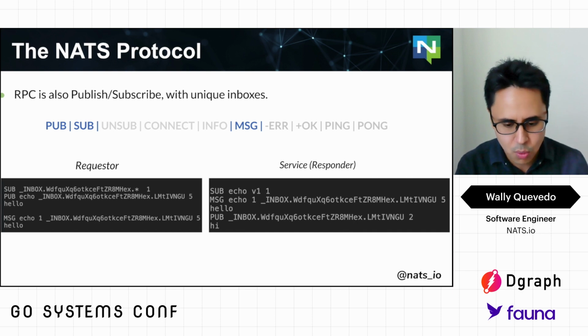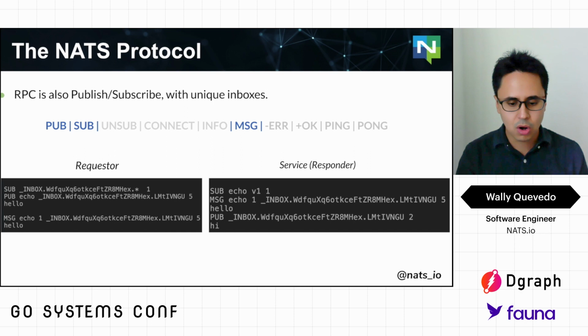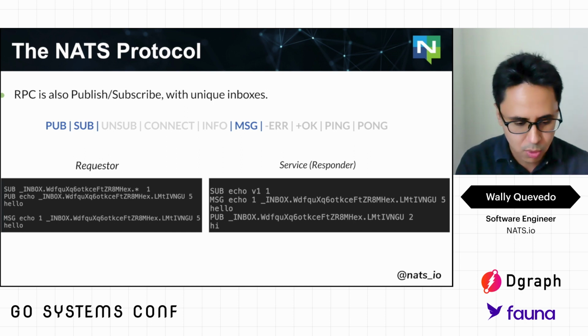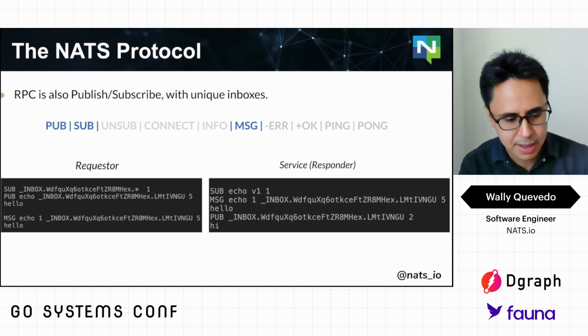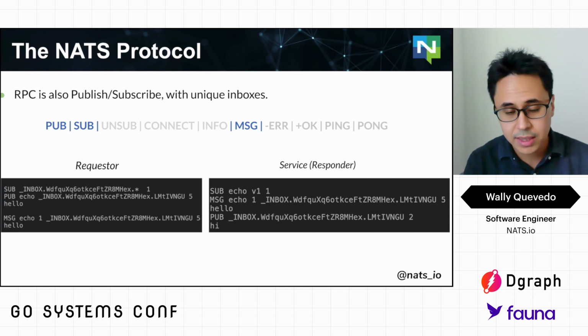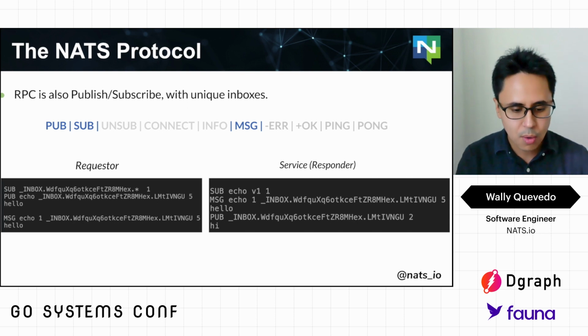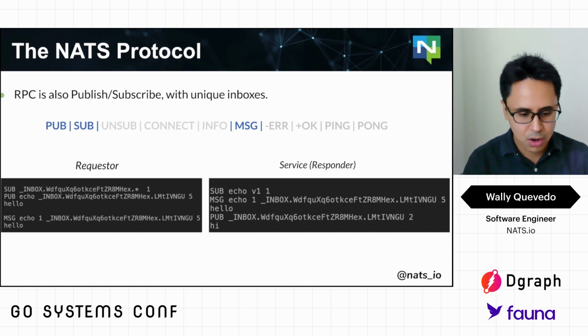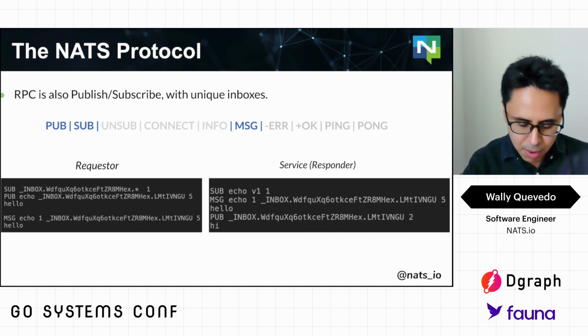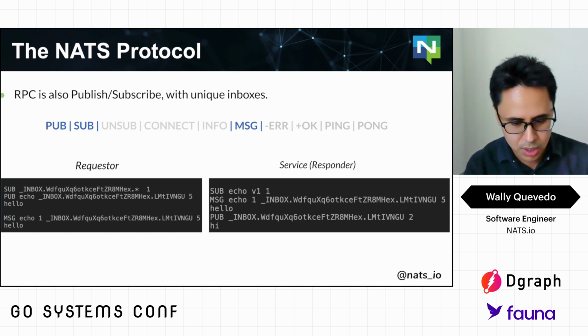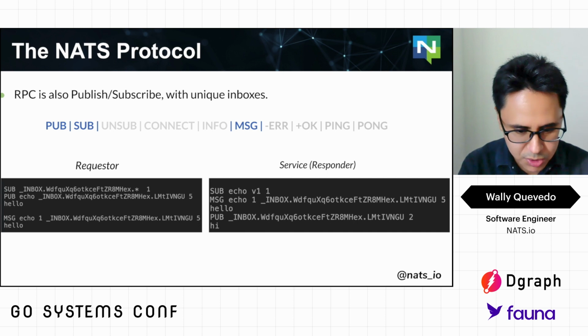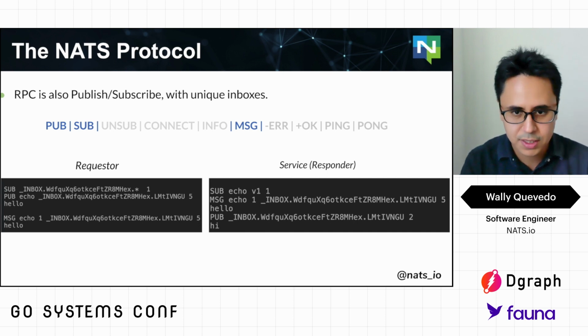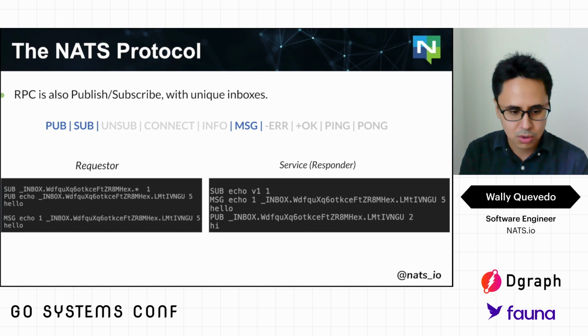In this case, the V1 is going to create a queue group to have load balancing happen between those workers. So when the requester publishes on echo, tagging along an inbox, it is able to await a response on this unique subject that the other service is going to publish into, and then the requester is able to process that response. So that's how RPC works using the same NATS protocol.